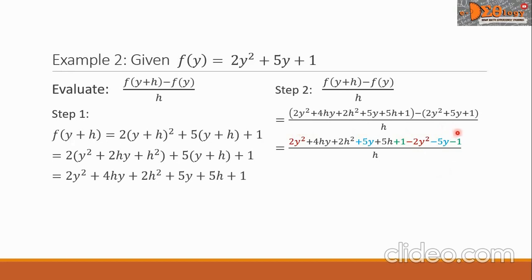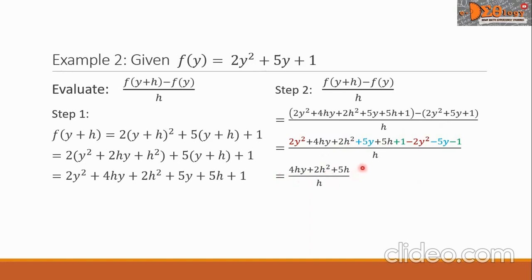So they can cancel each other respectively. So on the next line, we will simply collect the remaining terms. And the terms are the 4hy + the 2h² + the 5h all over h.